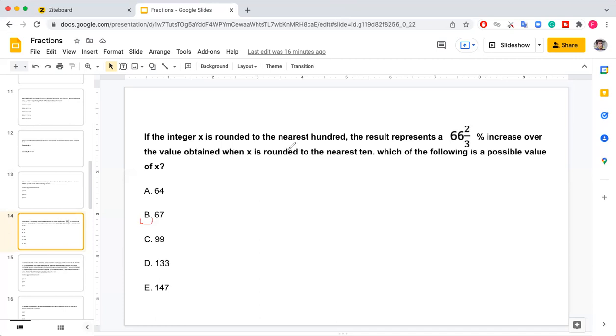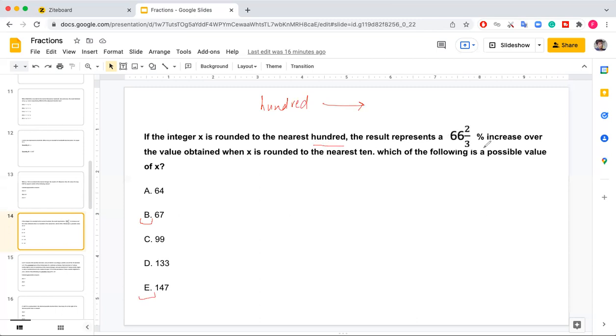If the integer x is rounded to the nearest 100, the result represents a 66.23% increase over the value obtained when rounded to the nearest 10. What did you say? E. Okay. First of all, this is rounded to the nearest 100.